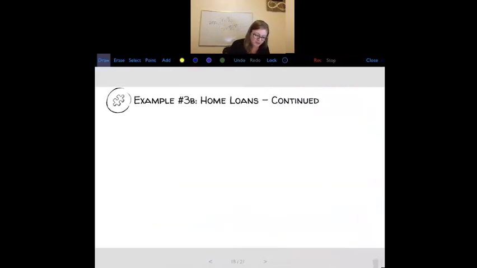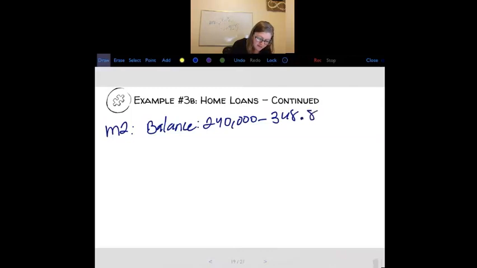Then in month two, when we calculate the balance, we started with a balance of $240,000, but based on month one, we paid off $348.89. So you're going to have a new balance. In this case, it would be $239,651.11.